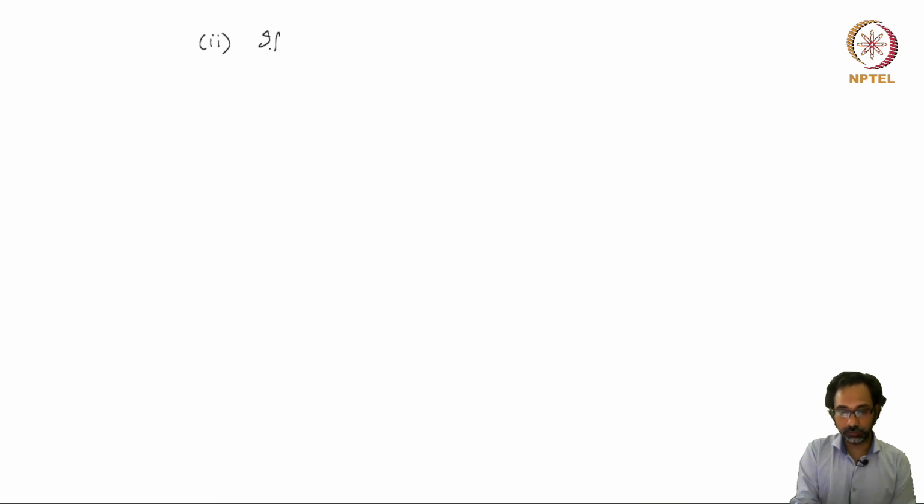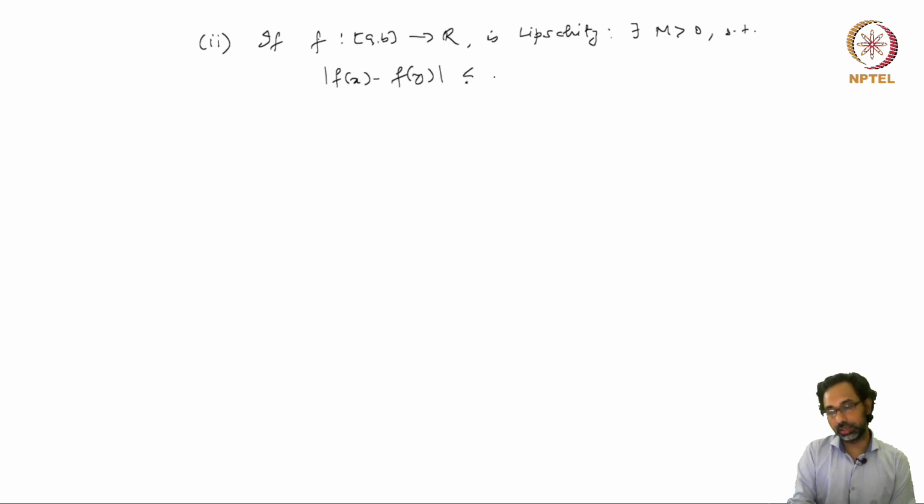Now another example is, if f from A to B, same domain, is Lipschitz, it's a Lipschitz map, which means that there exists a constant m such that the modulus of f(x) minus f(y) is less than or equal to m times modulus of x minus y for all x, y in AB, then f is of bounded variation.